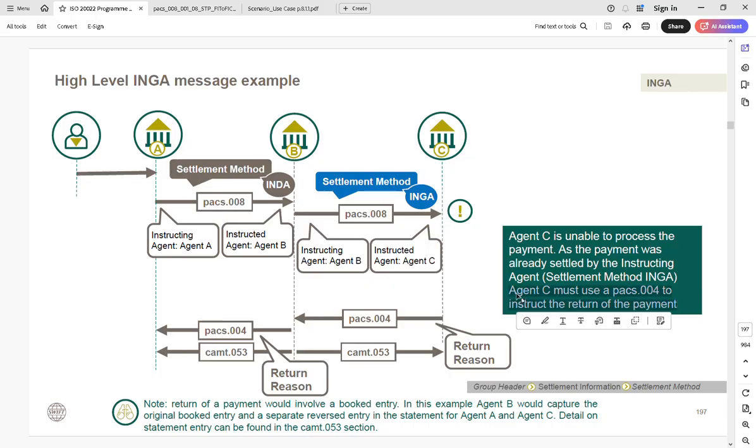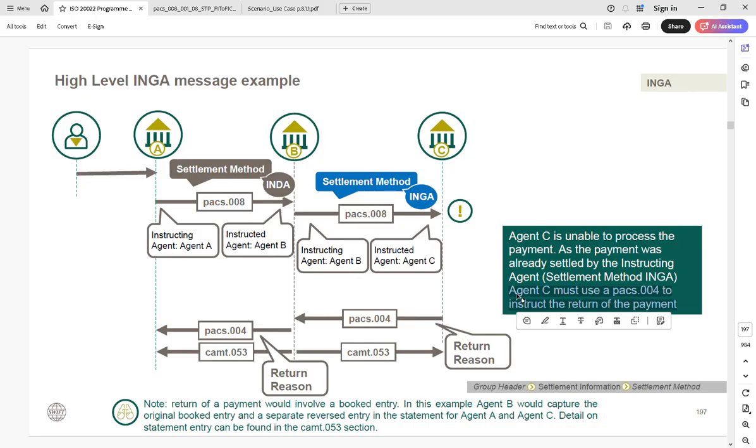Okay, that's why it is being sent back by returning the payment, because it has already been settled. So any payment which is already settled has to be returned back to the originator of the payment by using the PACS004 payment message.